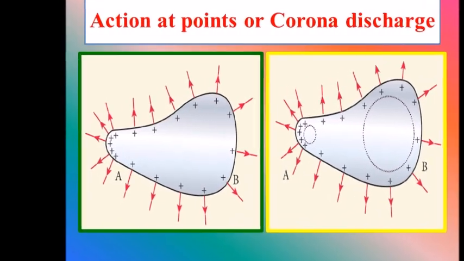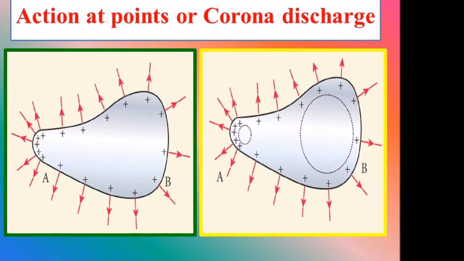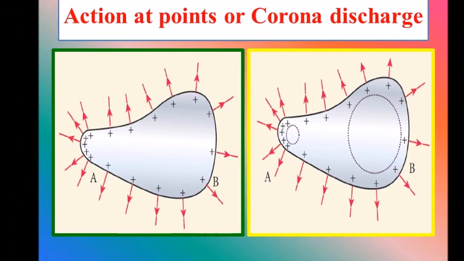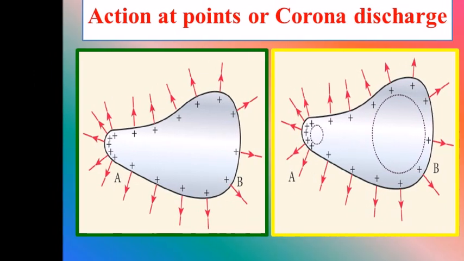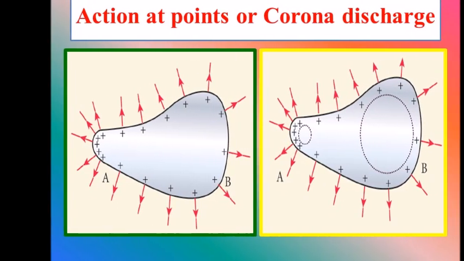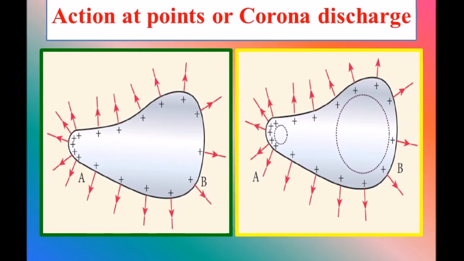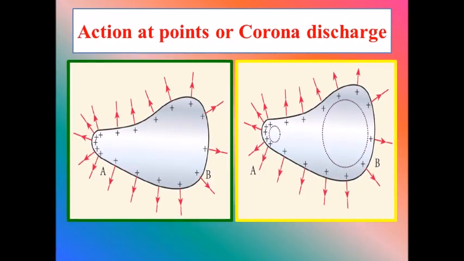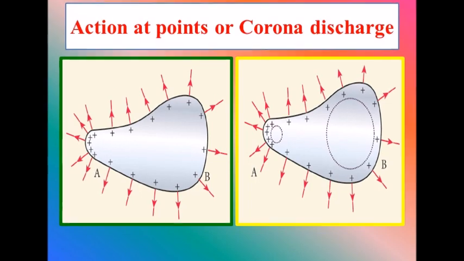The positive ions are repelled at the sharp edge. The negative ions are attracted towards the sharper edge. This reduces the total charge of the conductor near the sharp edge. This is called action at points or corona discharge.